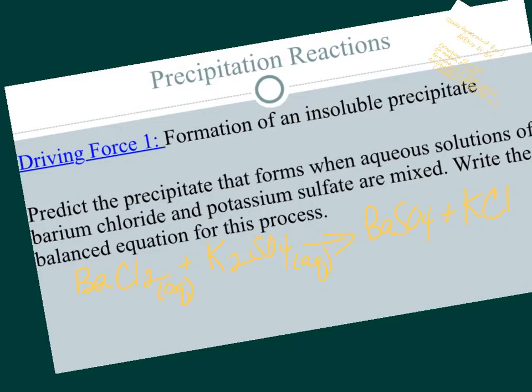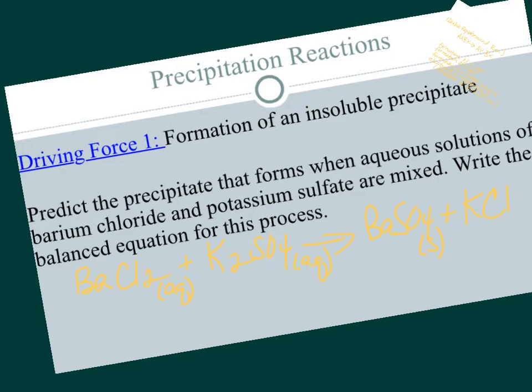And now I have to look at my products. When we go back to our rules, NO, Cl, no, SO. So, what falls under SO? Sulfates. Sulfates are all soluble, except when combined with barium, calcium, lead, and mercury. And there's your barium, so this is going to be your precipitate or your solid.